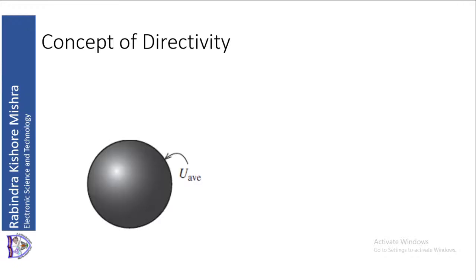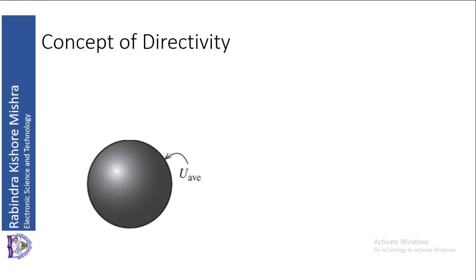Now, what is the concept of directivity? From where do we get the concept of directivity? Consider this: U average is over the sphere. At the center of the sphere is the antenna, and the sphere has a radius r.